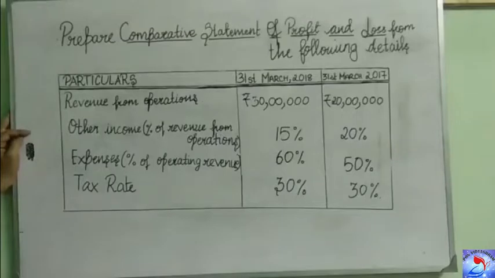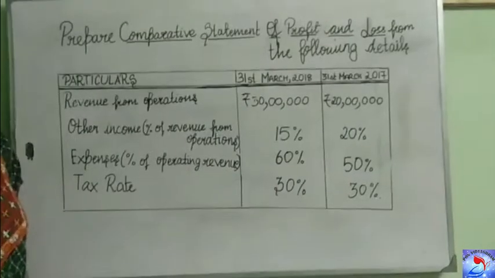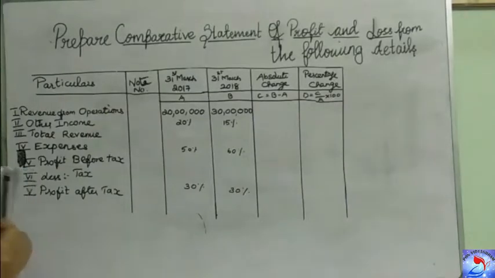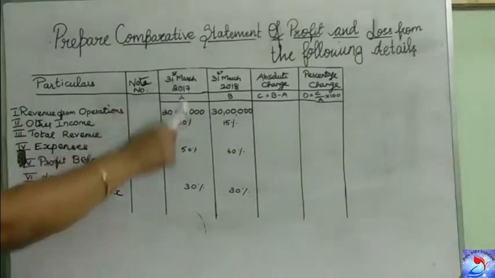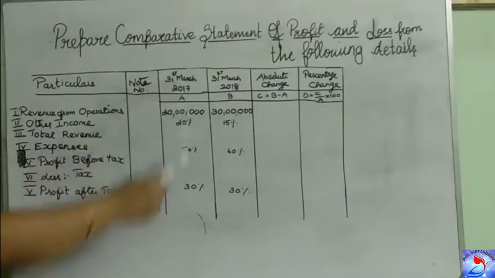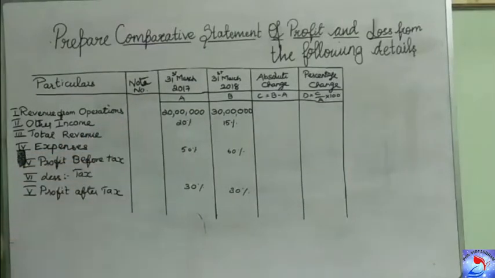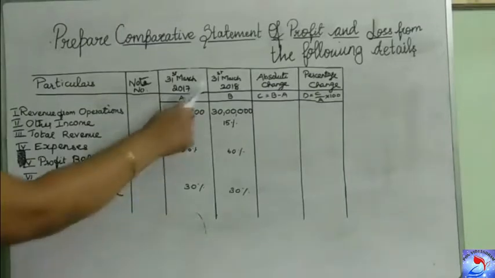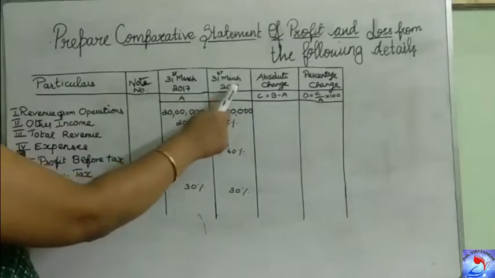Now let us work out the sum in detail, children. In a comparative statement of profit and loss account, you know the format: particulars, note number, then the previous year figures, that is 31st March 2017, and the current year figure, 31st March 2018.